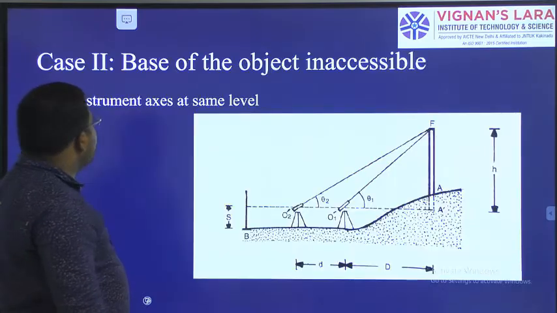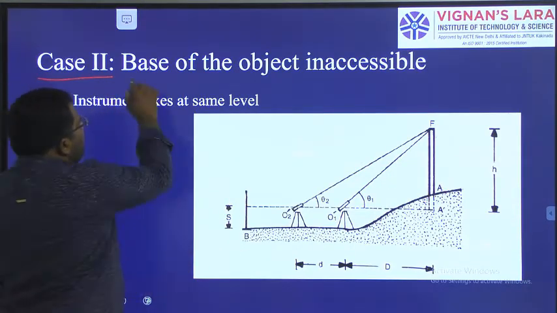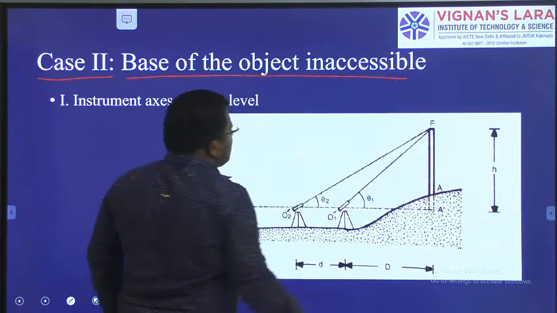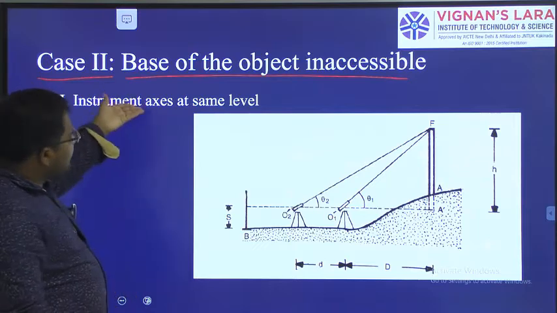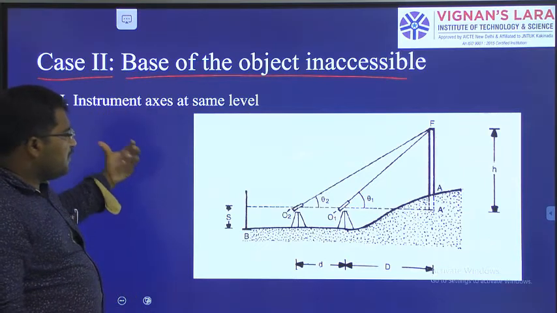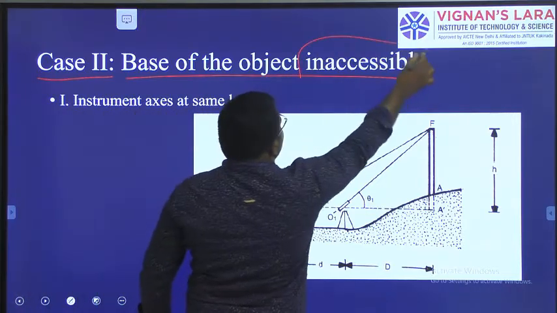Now we are going to see the second case, case 2, where the base of the object is inaccessible. The third case is also the same thing, but we'll see the difference. Why is it inaccessible?